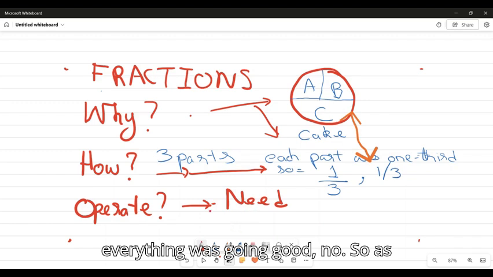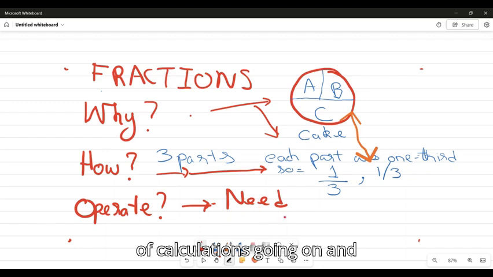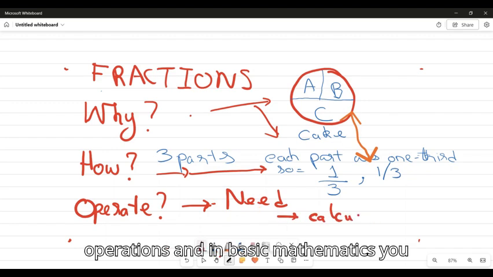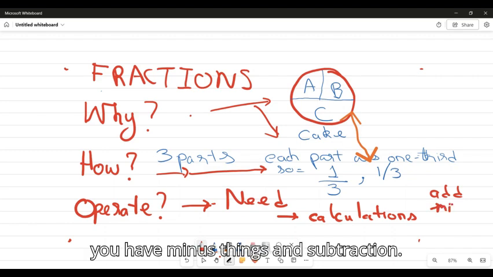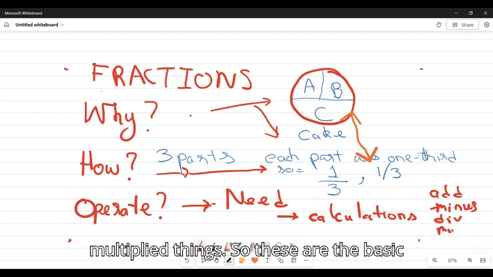So as humanity progressed, and there were a lot of calculations going on, calculations required operations. And in basic mathematics you would have done addition, subtraction, division, and multiplication.